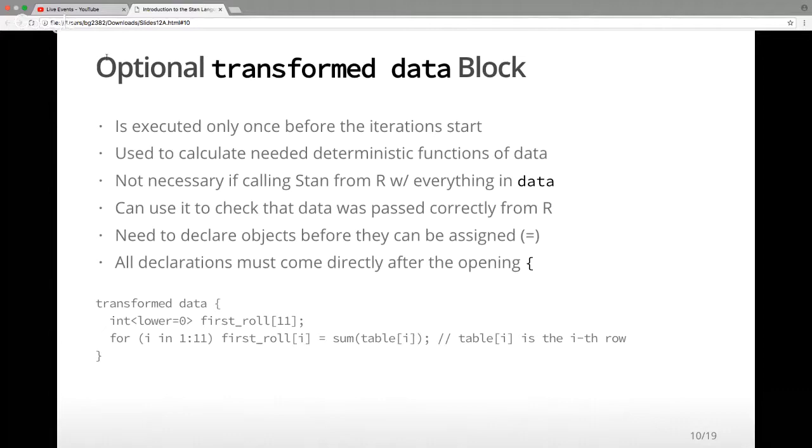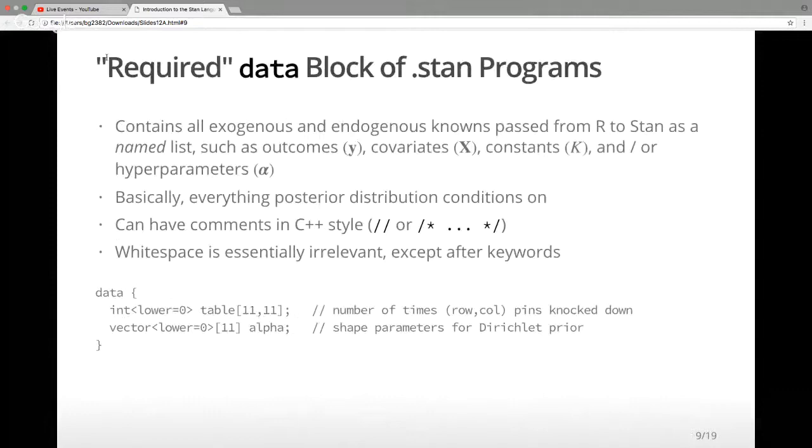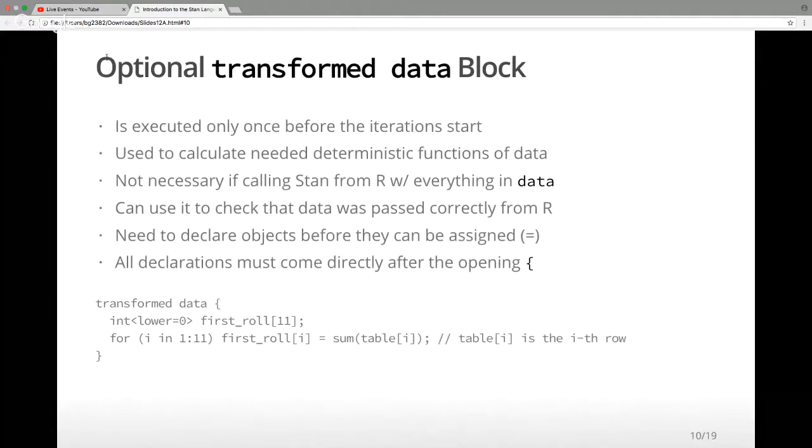So that's going to have a lower bound of 0. These lower bounds in the data block and transformed data are just used to check after the fact that you didn't make a mistake.